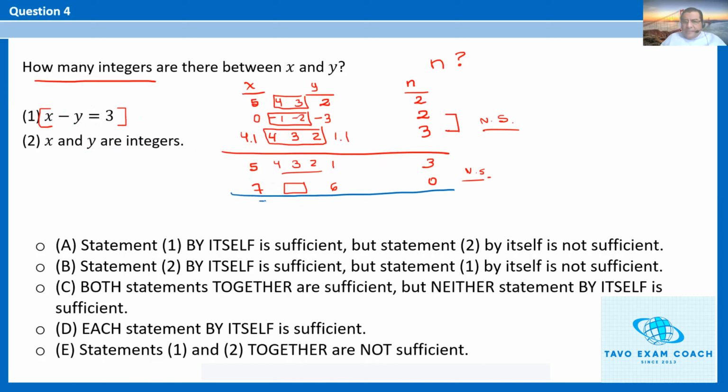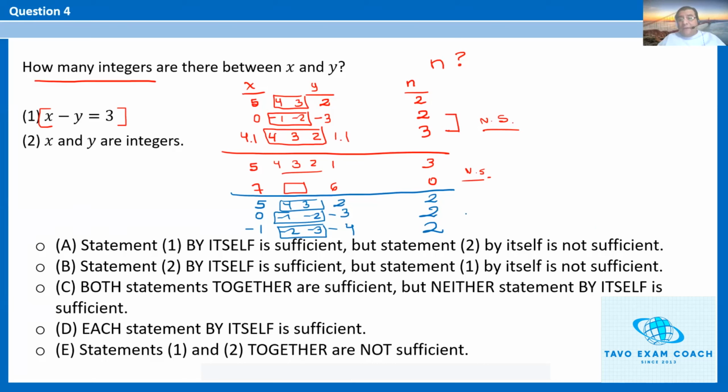We could repeat these 2 cases, right? 5 and 2, for example, 0 and -3, or any 2 other numbers, such as -1 and -4, but in all cases, we will verify the obvious: 2 integers in between. So when the 2 numbers are integers and have a difference of 3 units, it is necessary that the count of integers between them will be just 2.